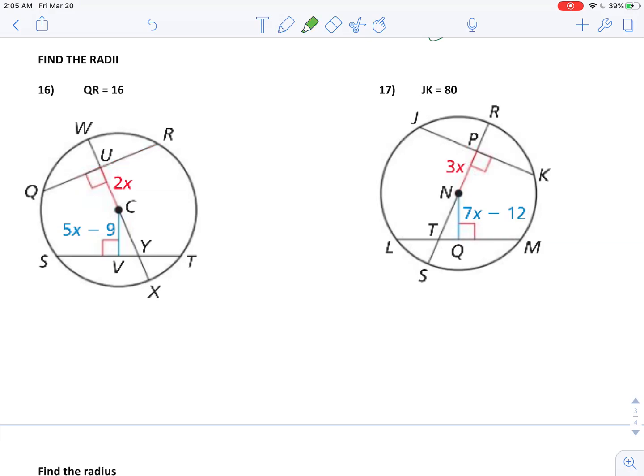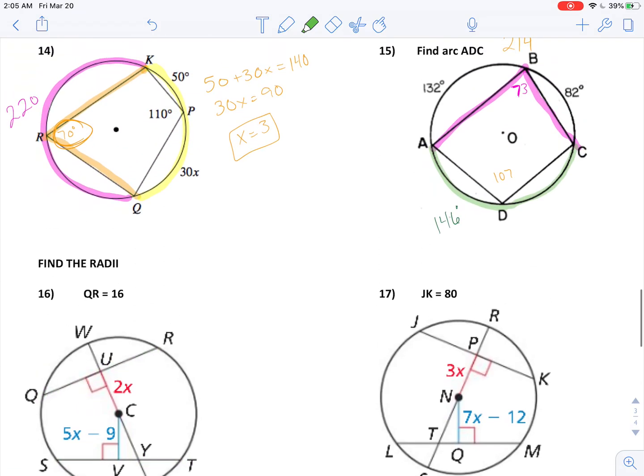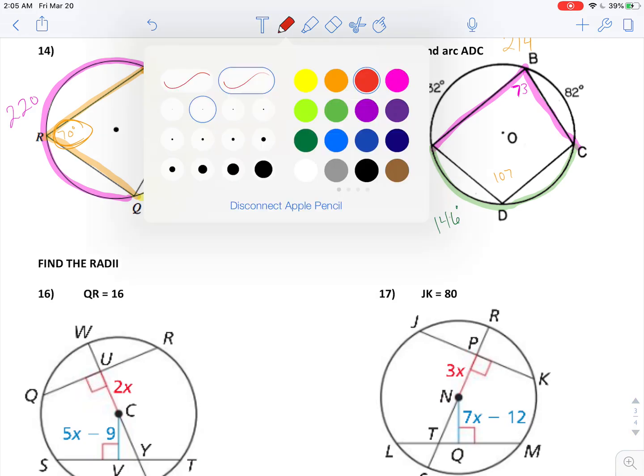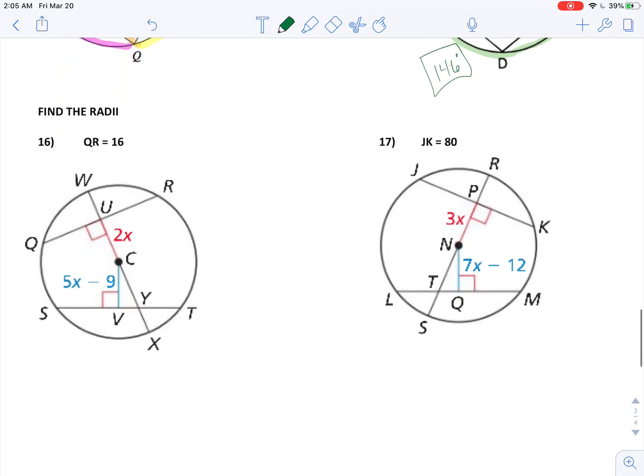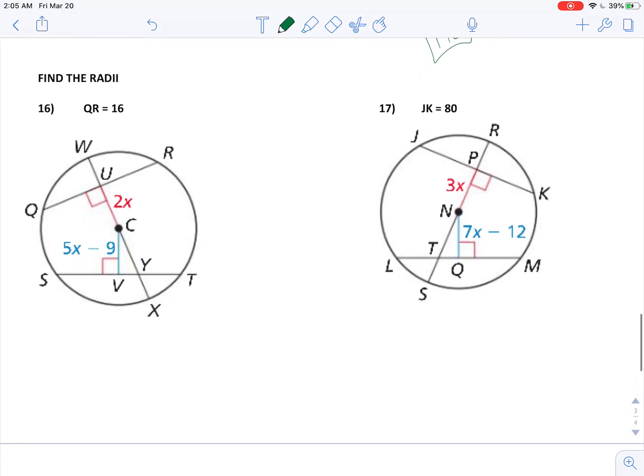So I've got congruent chords here. They do intercept congruent arcs. It's just a property of congruent chords. So congruent chords here, QR and ST, and QR we're given as 16.